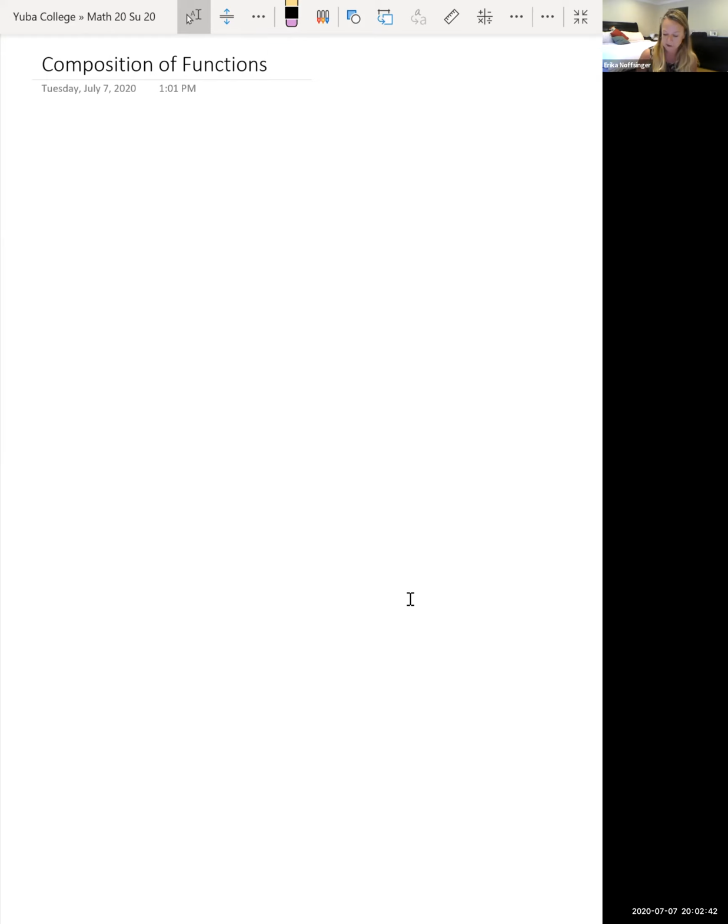The composition of functions. So notation-wise, there's a couple different ways that you can write it.